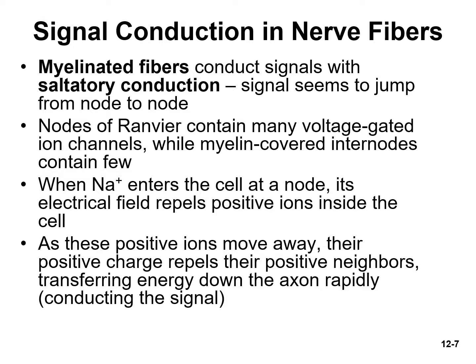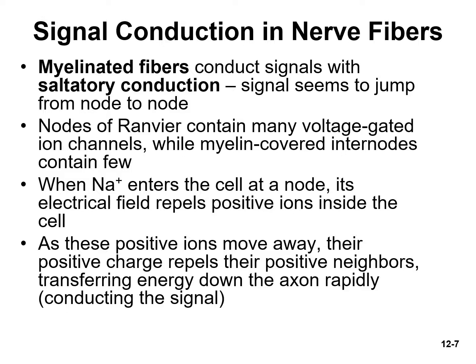Now let's look at myelinated fibers and the difference between how the signal is conducted. So our myelinated fibers, rather than just being this bare axon, we have these oligodendrocytes and Schwann cells that form these insulative layers around sections of your axon. So a myelinated fiber is going to conduct signals with what's known as saltatory conduction.